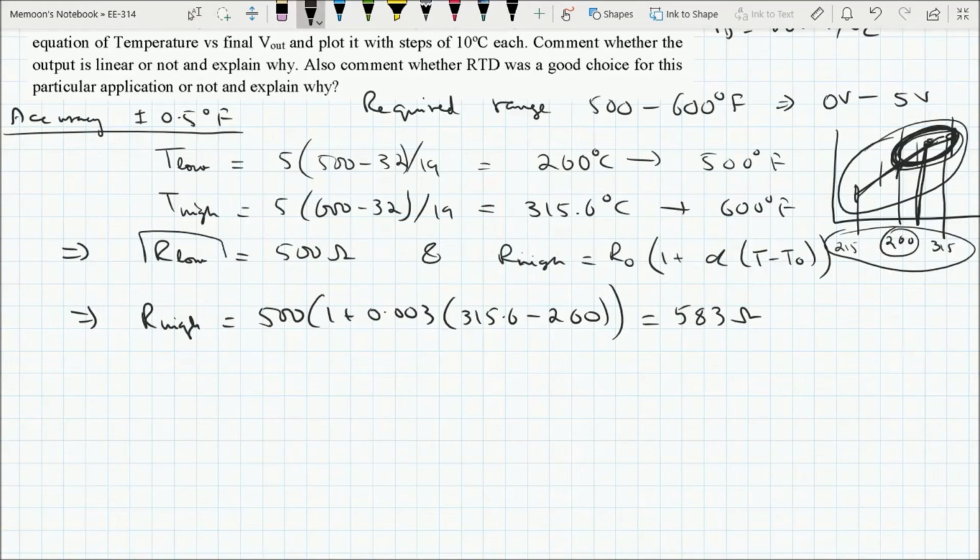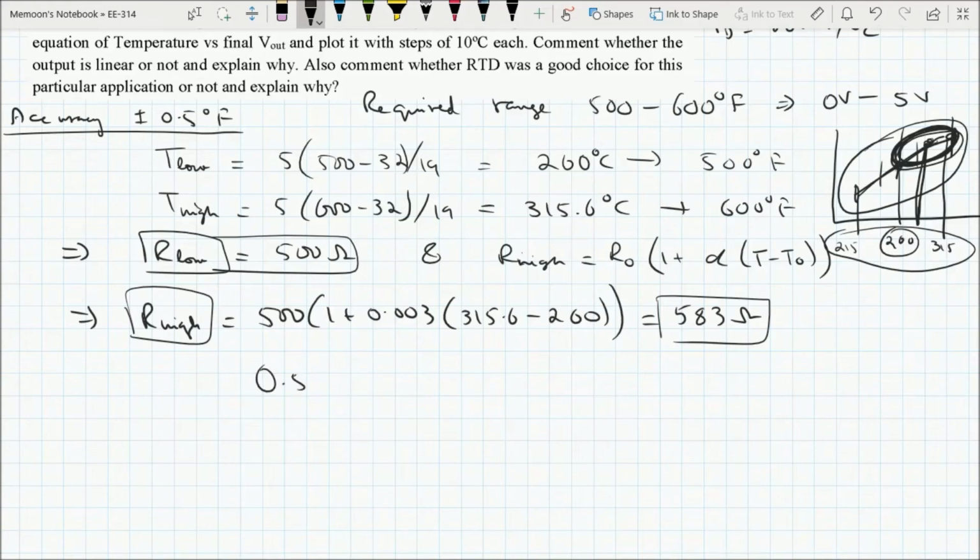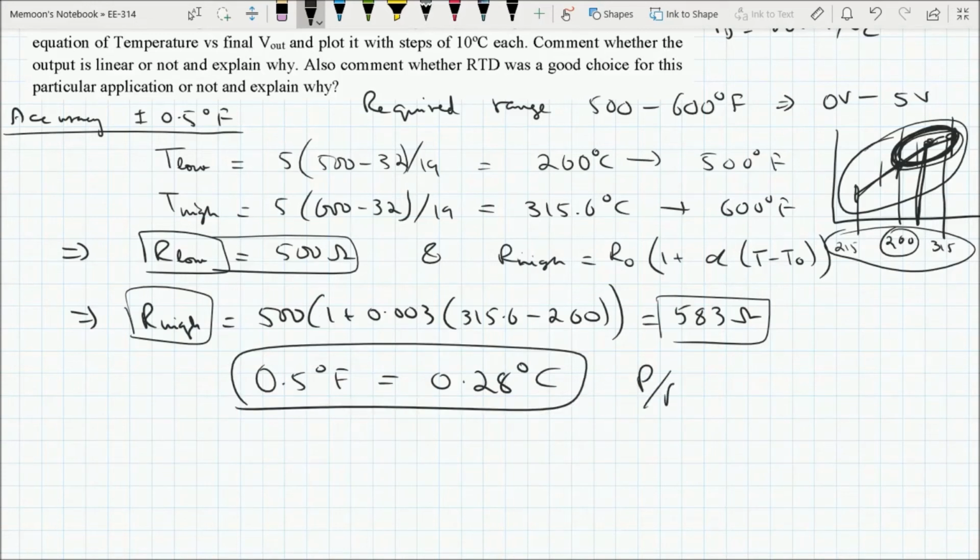This gives you R low, the resistance at the temperature at the lower end of your range of interest, and R high, the resistance at the maximum value of the temperature of your range of interest. 0.5 degrees Fahrenheit is equal to 0.28 degrees Celsius. So P over PD is equal to delta T, and that is equal to 0.28 degrees Celsius.